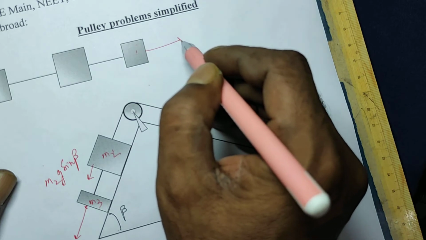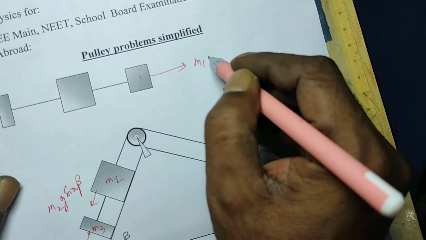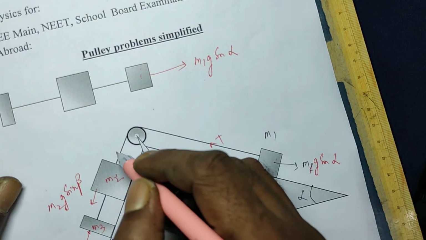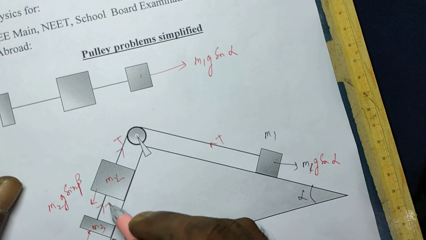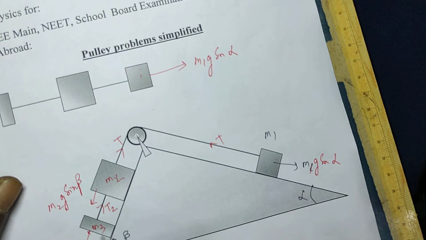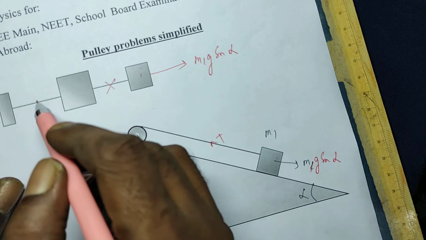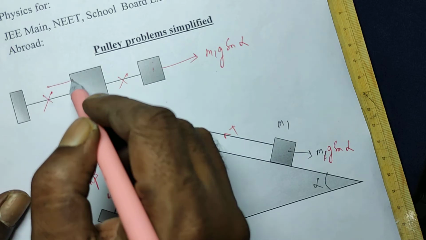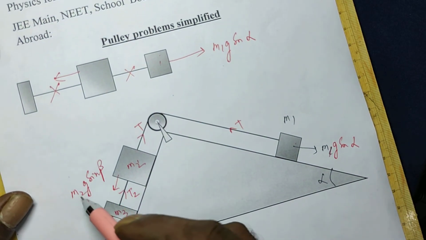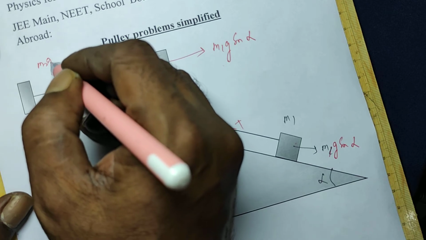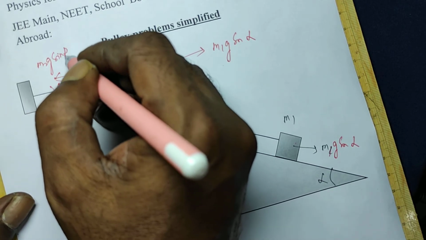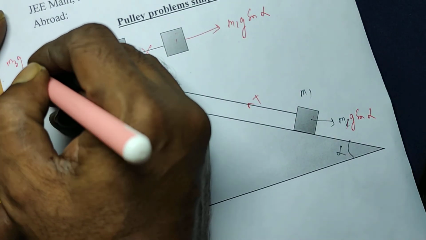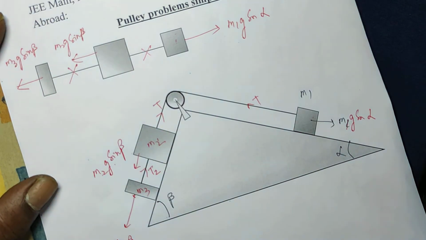So which I can show it here. This is equal to your M1 g sine alpha, the tension T here, and here the tension will be different, let it be T2. So this tension I don't consider, because they are internal forces. And to this side is your m2g sine beta, and to this side is your m3g sine beta.